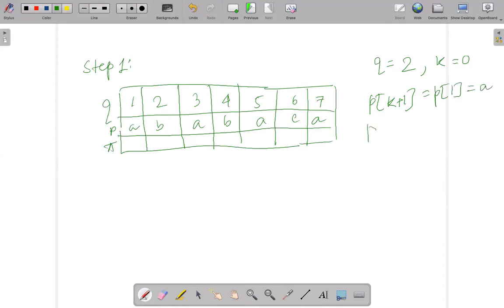And Pq is equal to P2, that is equal to B, right? However, at this point, you will not enter the while loop because your k is not greater than 1.